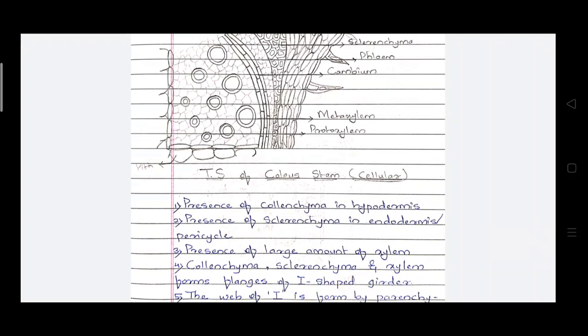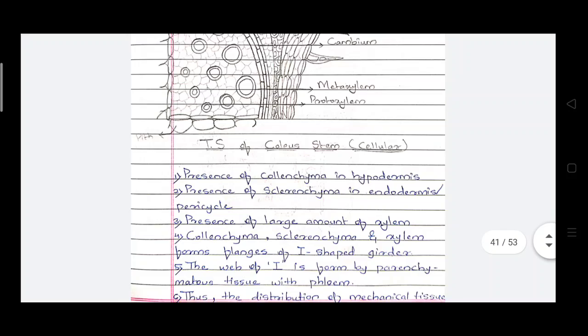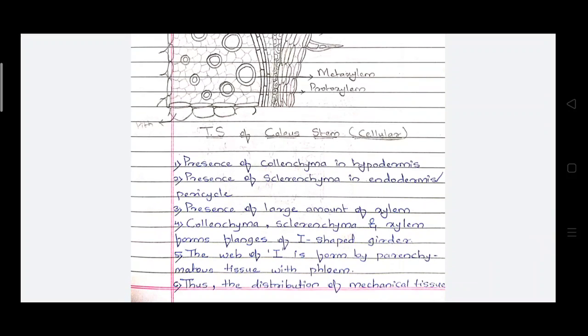These collenchyma, sclerenchyma and xylem, these three tissues form the flanges of the I-shaped girdles, and the web, that means the connectivity, is formed by the parenchymatous tissues with the phloem.